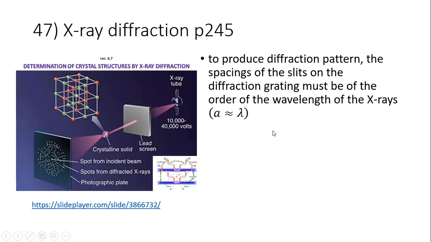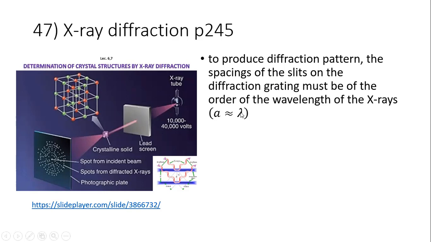This is your crystal. To produce a diffraction pattern, remember the spacing of the slits. The spacing of the slits on the diffraction grating must be of the order of the wavelength of the X-ray.